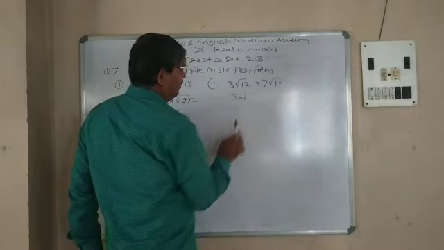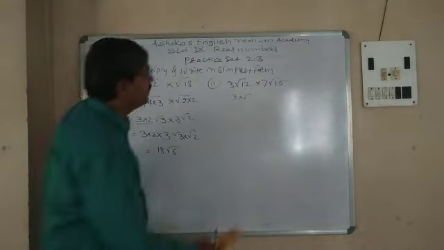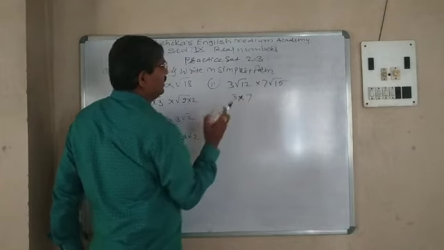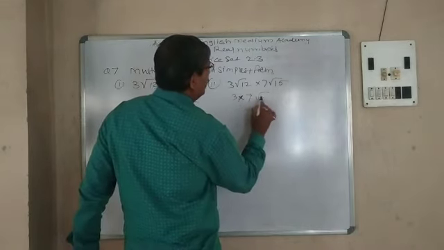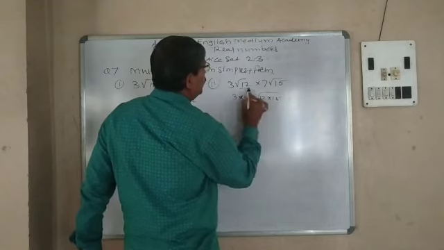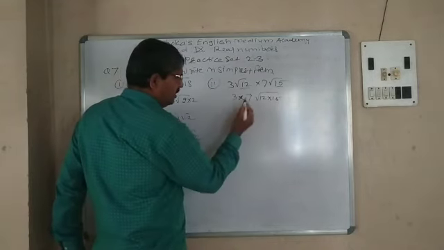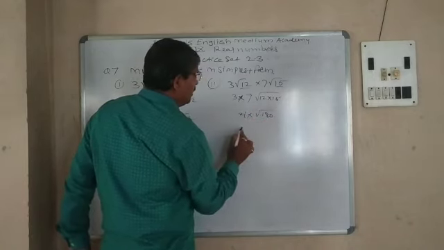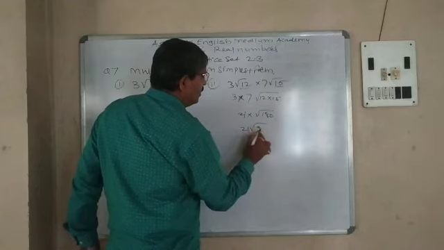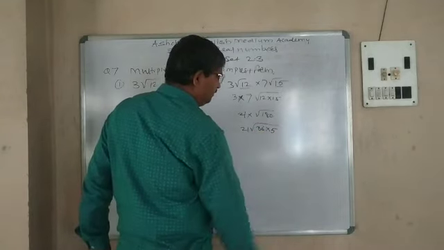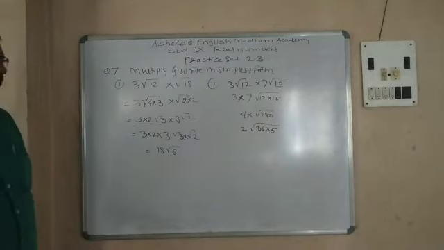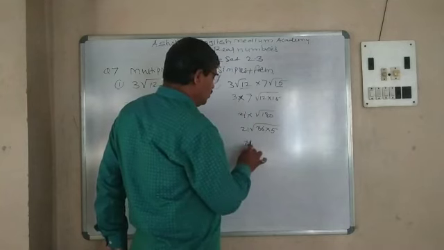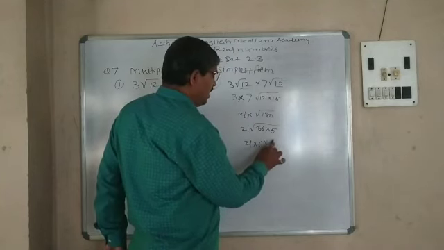First take 3 into 7, and under root 12 into 15, root 12 into root 15. 3 7s are 21, and 12 times 15 is 180, so 21 under root 180. 180 means 36 into 5. 36 is the biggest perfect square number whose square root can be calculated, which is 6, so 6 under root 5.